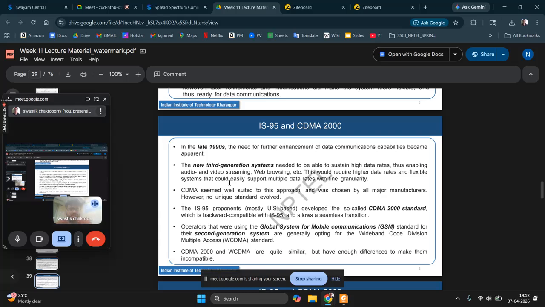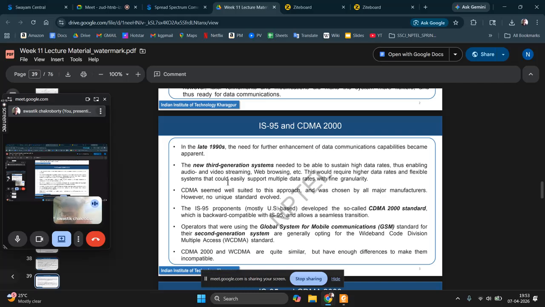And there was also another standard, which was called the wideband code division multiple access standard, WCDMA. So those who did not agree to IS95 came up with WCDMA.